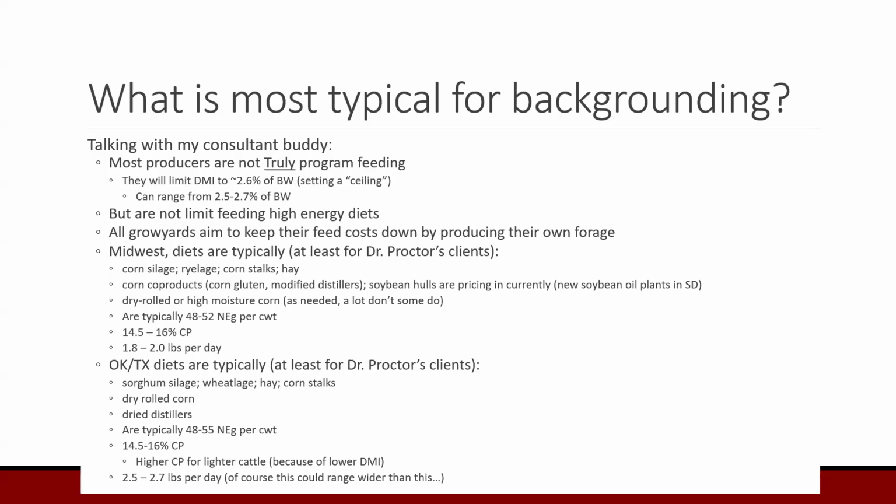So I think we already talked about why Midwest cattle will typically be fed at a lower growth rate than Southern Plains. They're just a higher quality cattle. And they want a really lean animal to enter the finishing diet so they can maximize their endpoint body weight. Okay.